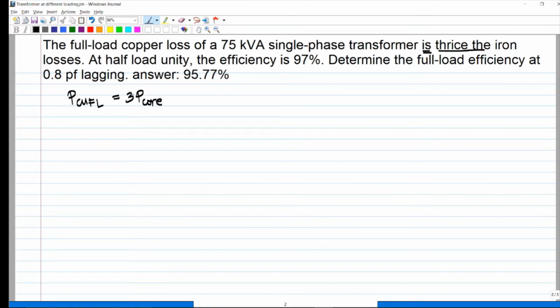The second sentence, ang sinasabi dito, merong binigay na loading, half load, may binigay na power factor, unity, and may binigay na efficiency, 97%. So kapag ang sinasagutan natin transformer problem ay mayroong dalawang condition, so parang dalawang efficiency ang mga isosolve natin dito, di ba?